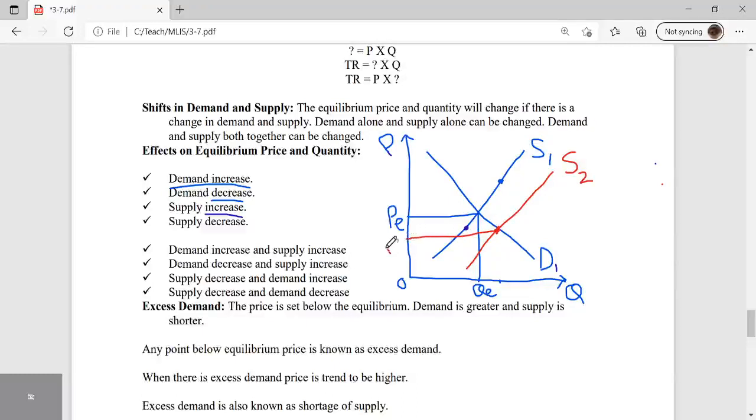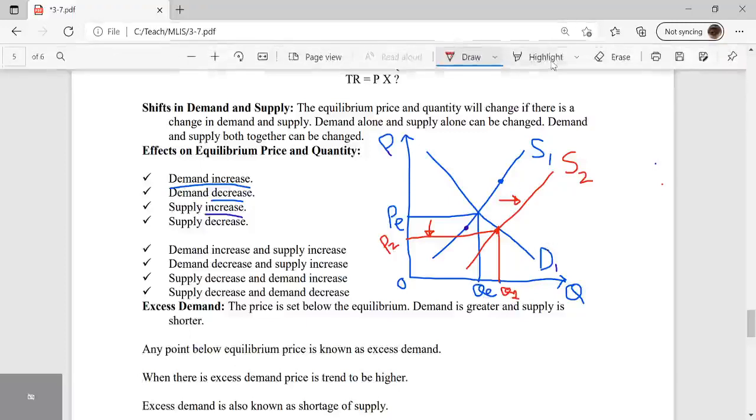The price is falling to P2 and the quantity is increasing to Q2. A rightward arrow over here, a downward arrow for price. Because of the rise in supply, it's becoming more available, so the price will be falling.